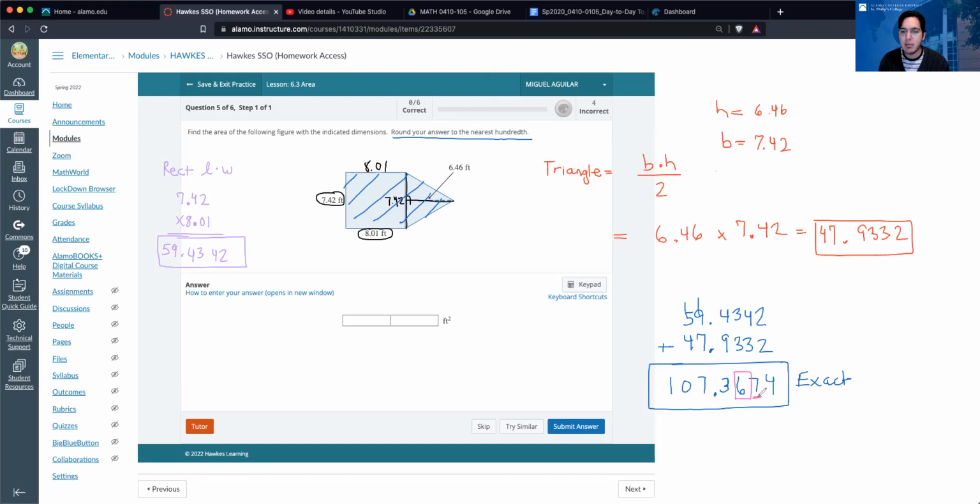So if we look at the neighbor to the right, and if that neighbor is a 5 or more, then I can bump up our place value of interest. So that means I should write my answer as 107.37, and then I can ignore all the other place values. So this is what I should be entering into the little answer box.